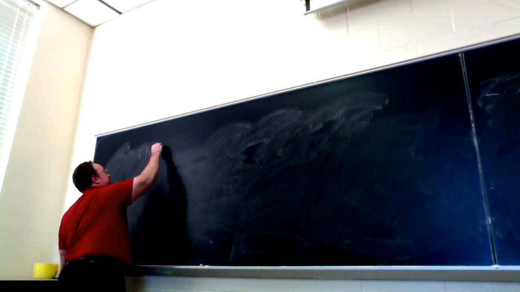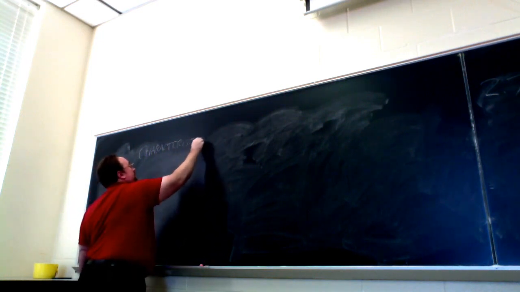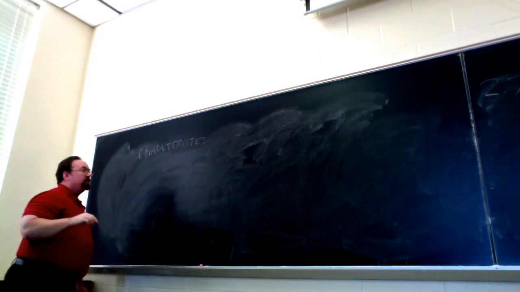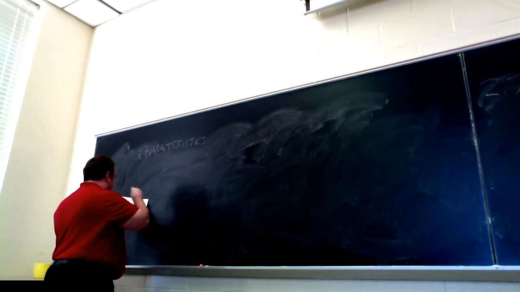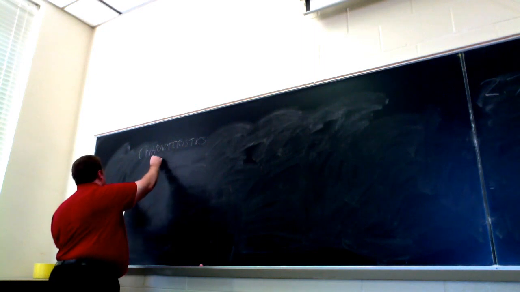To understand how the solution behaves, since we don't have an explicit formula for it, we need to look at our characteristics. These are the curves in the xt plane. So we have x equal to x naught plus g of h of x naught times t.